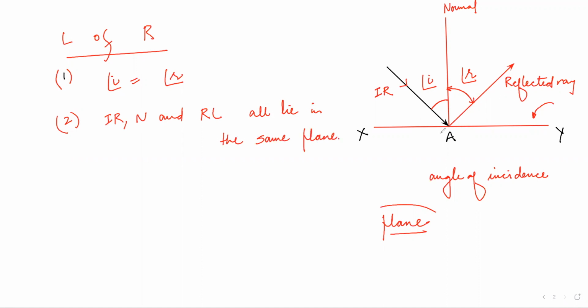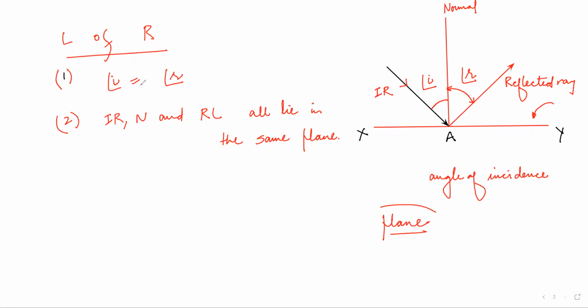It's not possible that the head of the incident ray vector is here and the tail is not on the screen. Tail and head, and the normal, all lie totally on the same plane, that is the screen of my laptop.